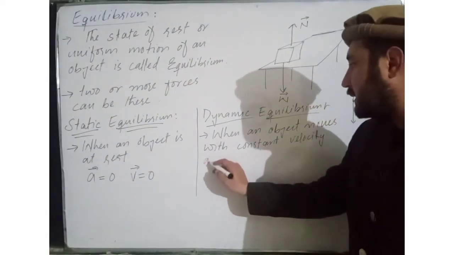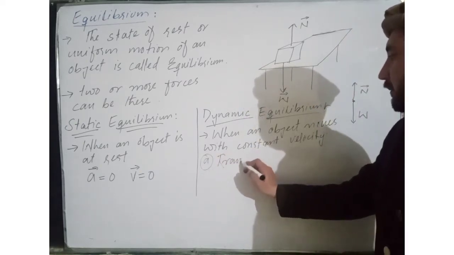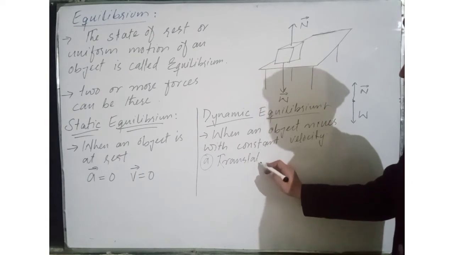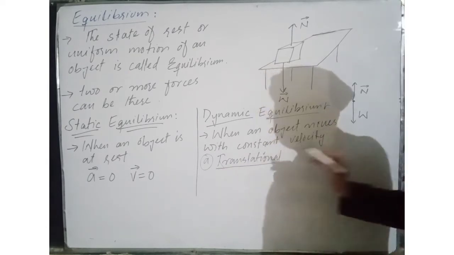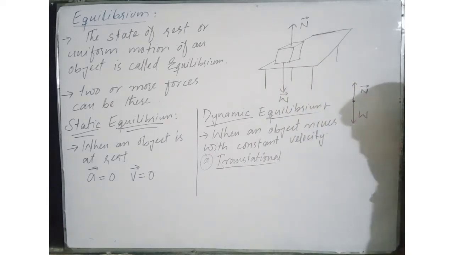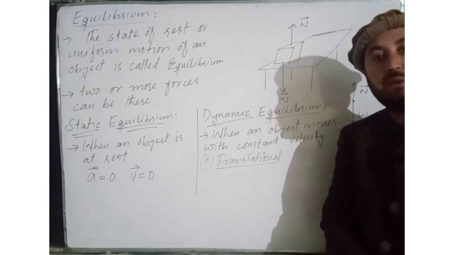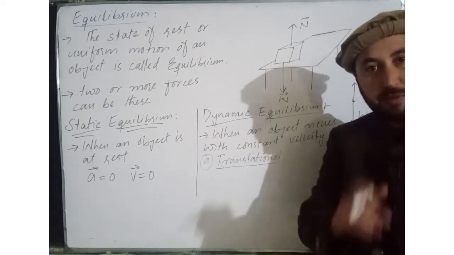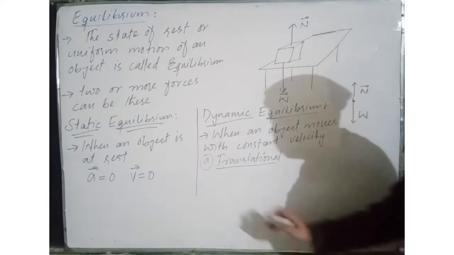The first one is translational dynamic equilibrium. Translational dynamic equilibrium refers to such an equilibrium where the object will be moving in a straight line with uniform velocity, right?